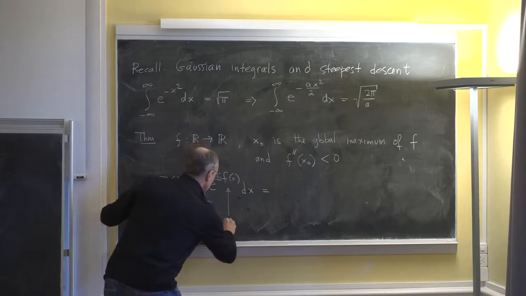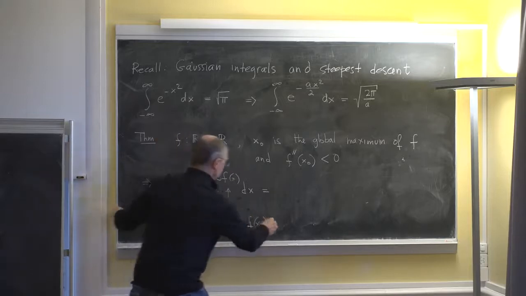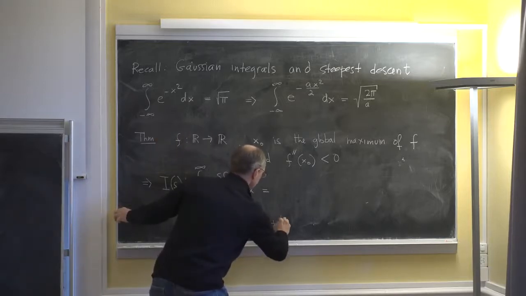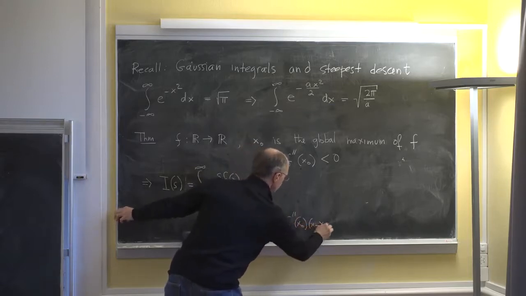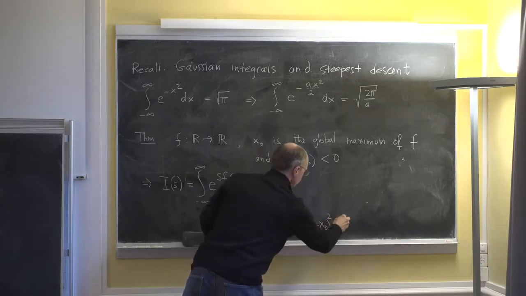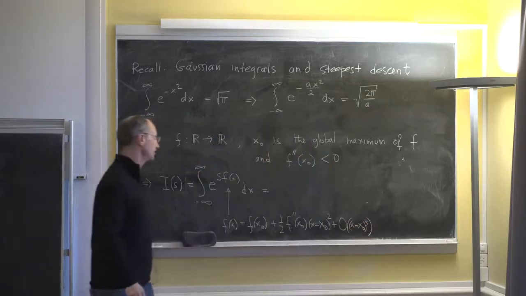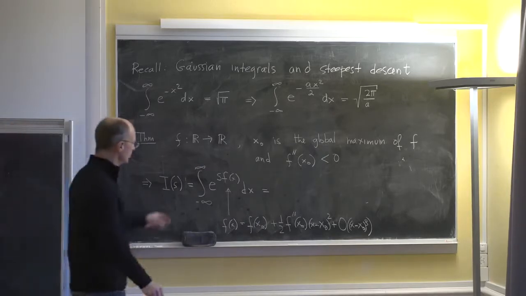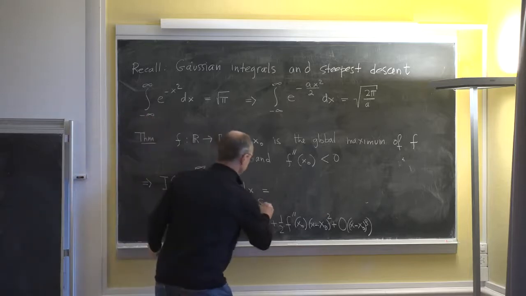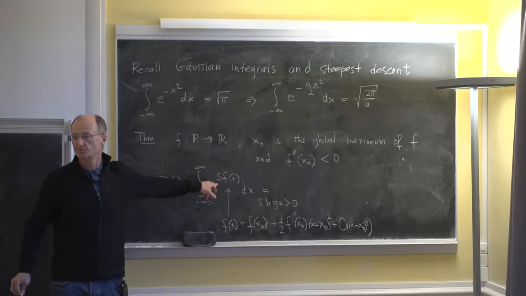So it is equal to f of x0 plus 1/2 f double prime of x naught times x minus x naught squared plus, according to the asymptotic Taylor expansion, something which is O of x minus x naught cubed. So now we'll be assuming that the parameter s is large and positive.